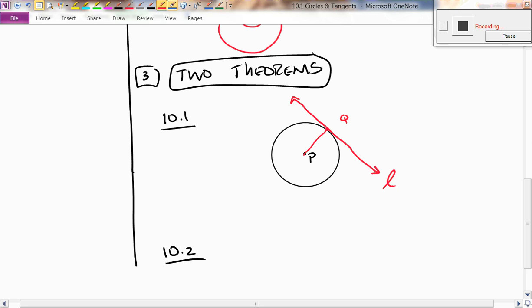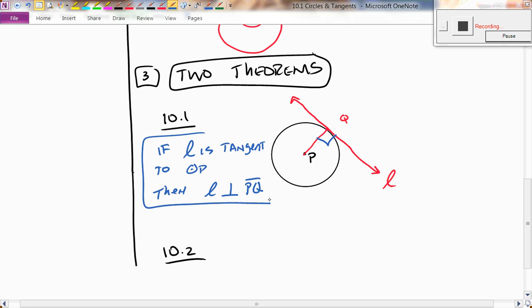So here's the theorem. If L is tangent to circle P, then L is perpendicular to PQ, which means that it meets at a right angle. Here's the important part.